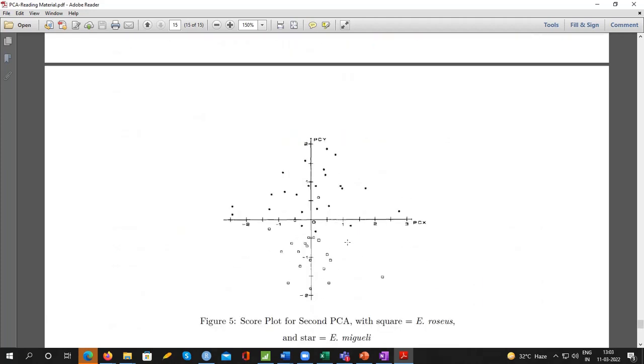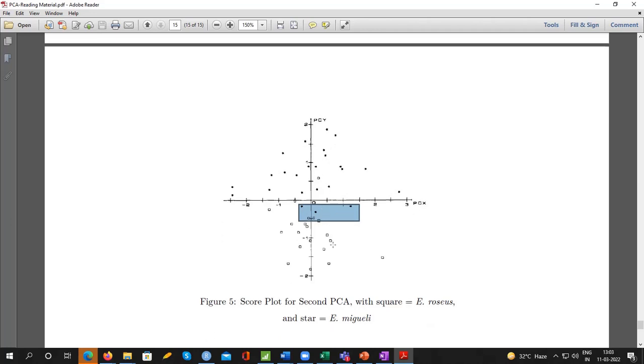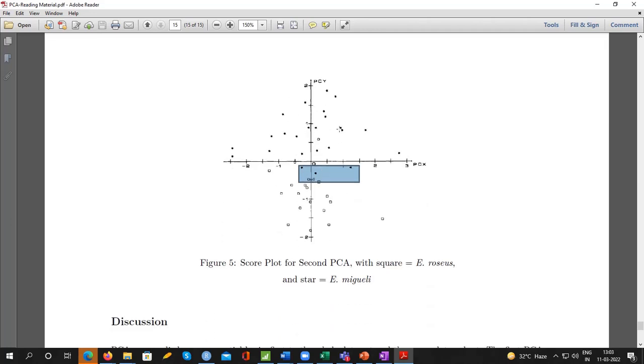And now if I draw the score plot, I can see two groups again. Of course there are one or two outliers. See, this is an outlier. Similarly, these are kind of like outliers, but I still see more or less clear separation between the two groups. Along the x-axis there is almost equal spread.